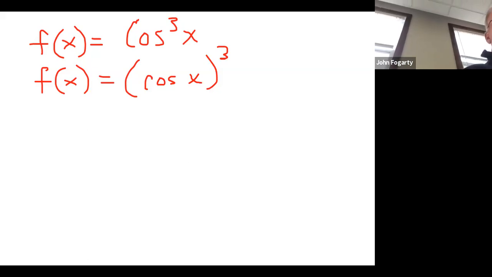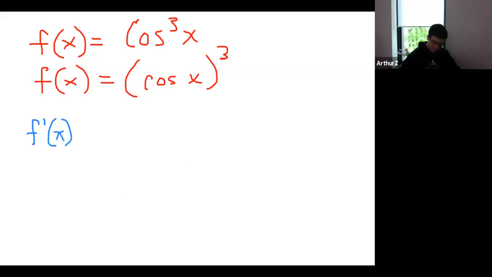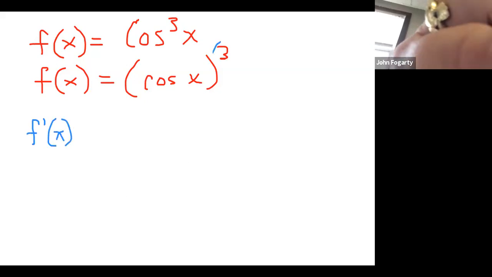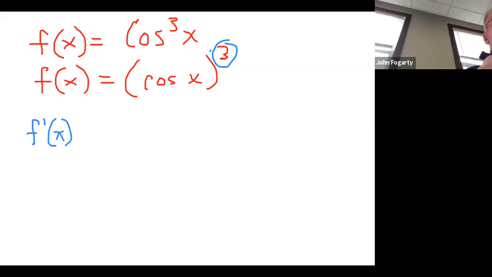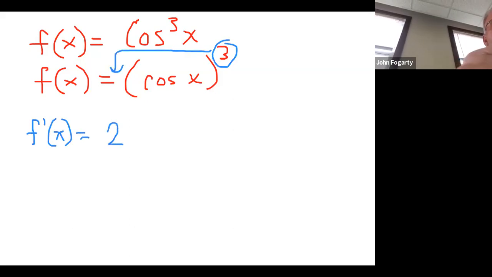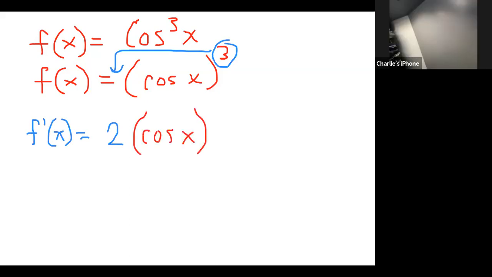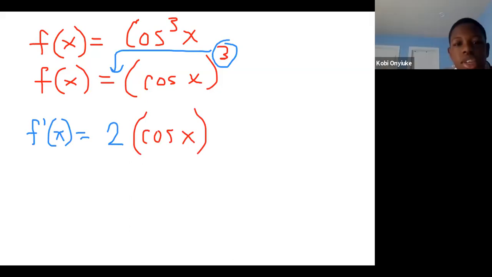Cubing it or cosining it? Cubing it. Outside first. Ready? Good. Outer. This becomes what? 2 times the cosine of x to the what? Squared, yes?